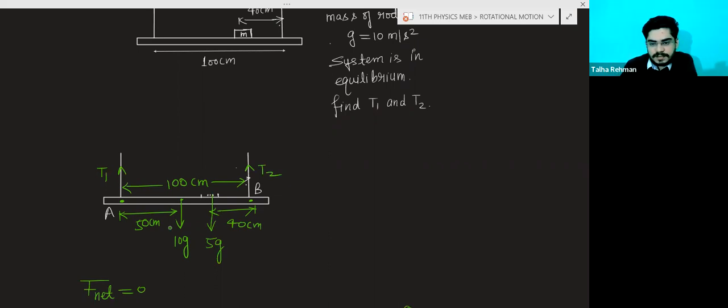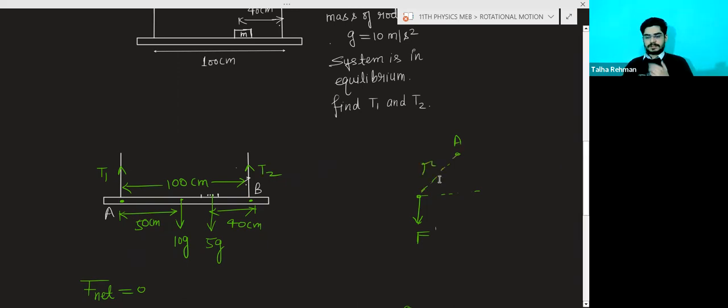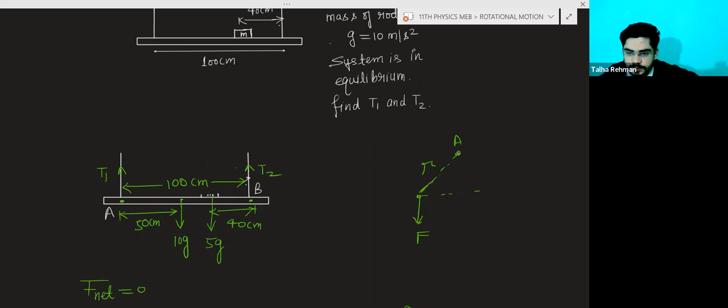Suppose this is a force F, and this distance is R, and I want to find the direction of torque about point A. Suppose this is a rod, and a force is acting at this point.